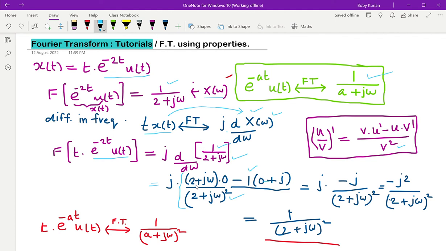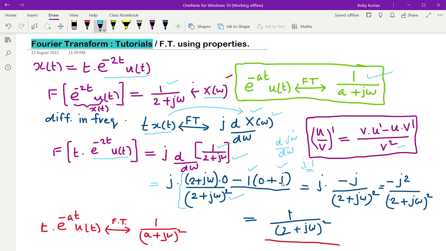So the derivative of 2 is 0, and the derivative of j omega. Okay, d by d omega of j omega is equal to j. That is nothing but j into d omega by d omega, which is equal to 1. So d by d omega of j omega is nothing but j.